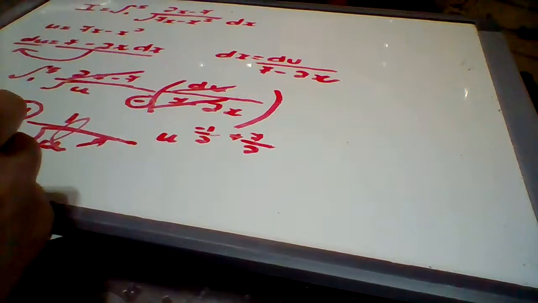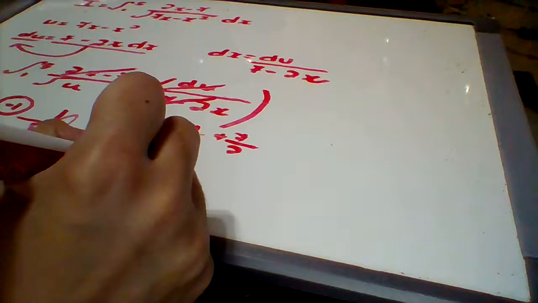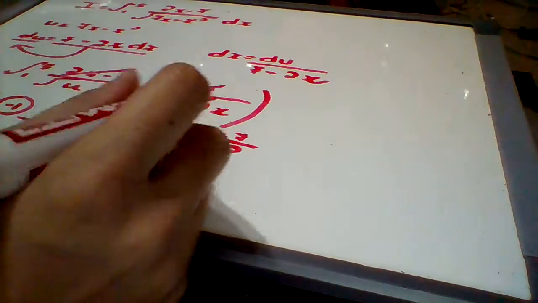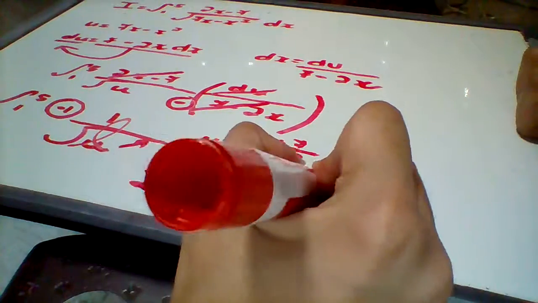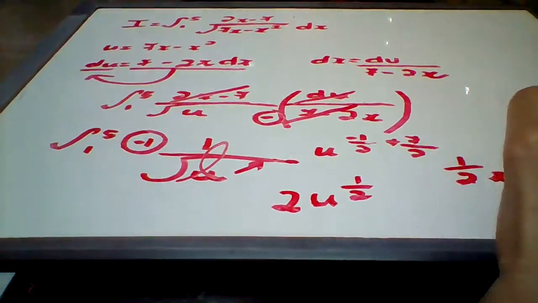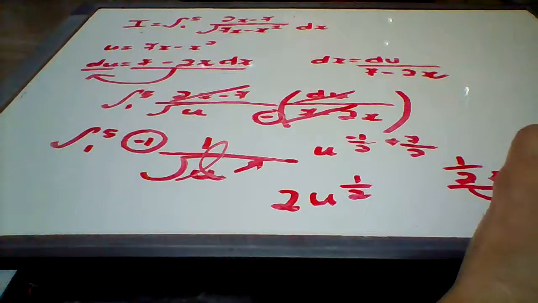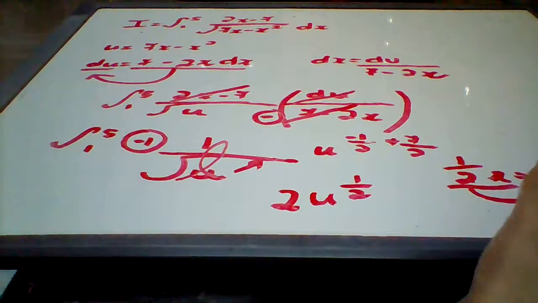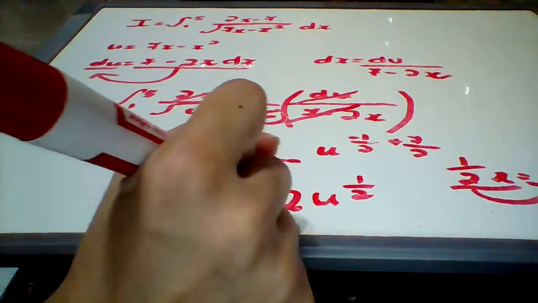So positive u to the 1/2, and then you could do the reciprocal, which would be 2. Or you could do an equation like 1/2 x is equal to 1. So what would x have to be? Anyway, and then you just add the negative.